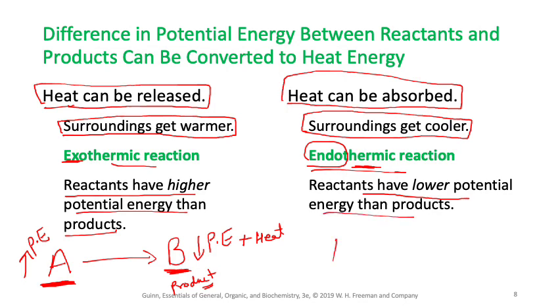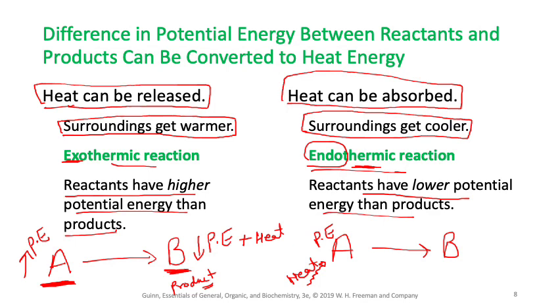What does it mean? If, again, same reaction, A goes to B, and this is an endothermic reaction, what does it mean? You are providing an extra heat to the reaction. You're adding a heat to a molecule that already has some kind of potential energy in there, right?